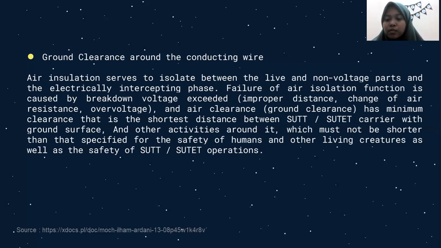And air clearance or ground clearance has a minimum clearance, that is the shortest distance between the SUTT or SUTET carrier and the ground surface and other activities around it, which must not be shorter than that specified for the safety of humans and other living creatures, as well as the safety of SUTT or SUTET operation.